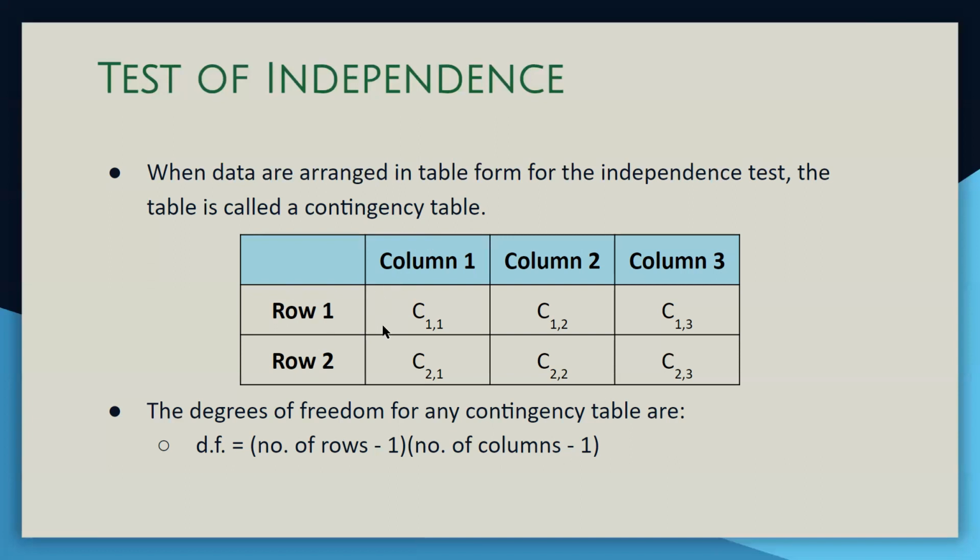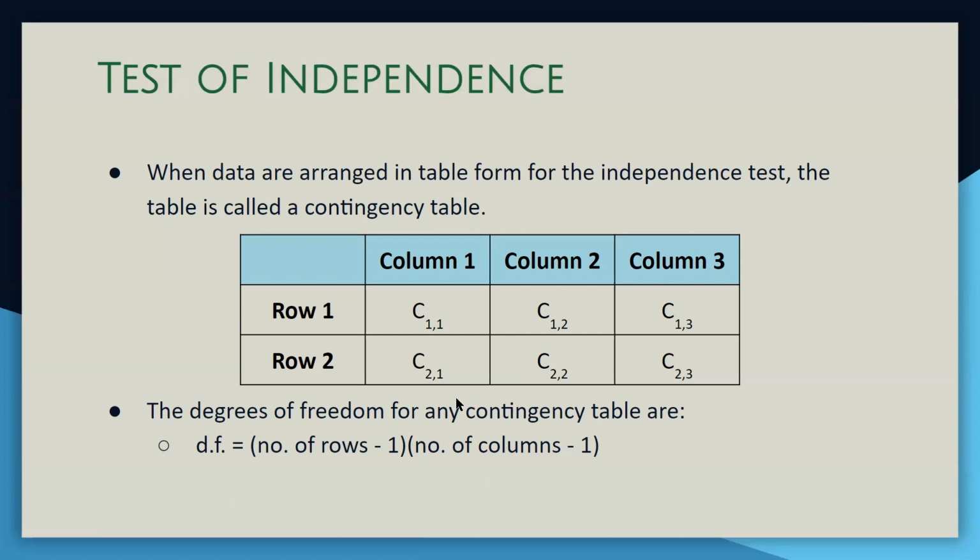You will notice here that we've labeled each of those boxes. This first box, row 1, column 1, is C11. Row 1, column 2 is C12. When we label each cell in a contingency table, we label it with the row and then the column.